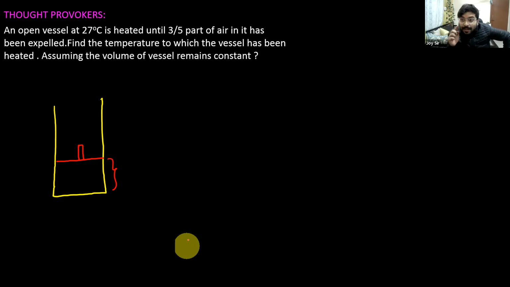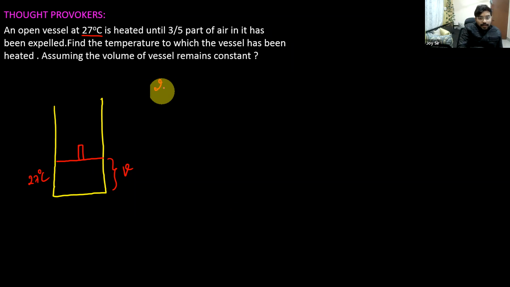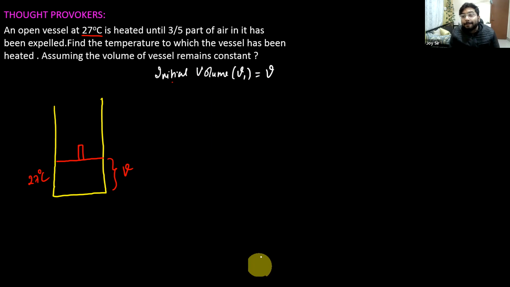The volume of the vessel is fixed, V. The temperature is fixed at 27 degrees Celsius. So initial volume V1 is equal to V, which is actually the volume of the vessel.